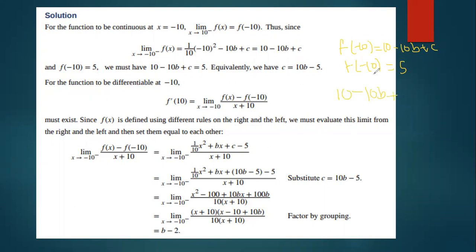Why are we comparing? Because the left hand side for both equations is the same. So it will be minus 10b plus c equals 5 minus 10, so minus 10b plus c equals minus 5. So c equals 10b minus 5.